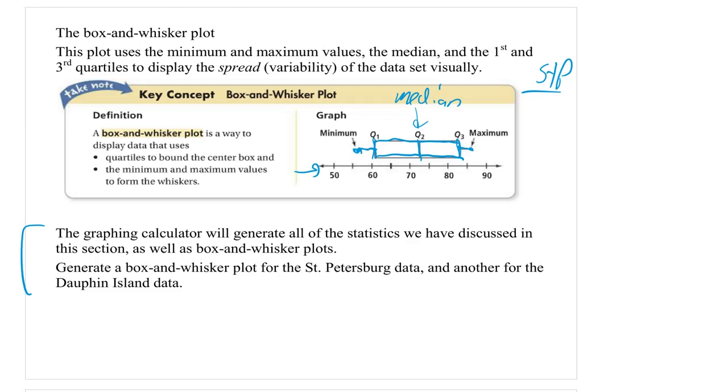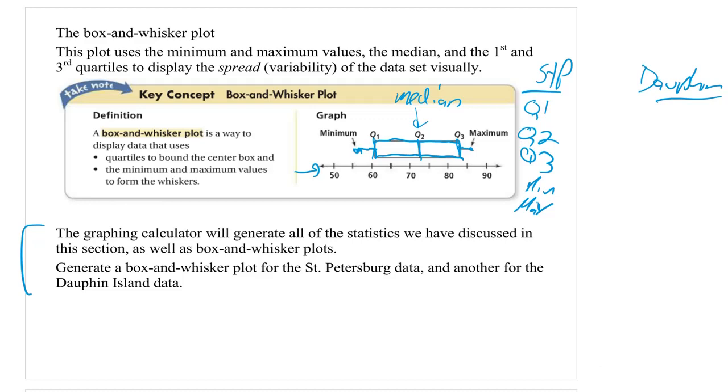We just need Q1, the median, or Q2, Q3, and then the minimum value and the maximum value. And really, all of those are sitting there on our calculator, okay? And then we're going to do the same thing for Dauphin Island. So, same thing. Quartile 1, quartile 2, quartile 3, minimum and maximum value.